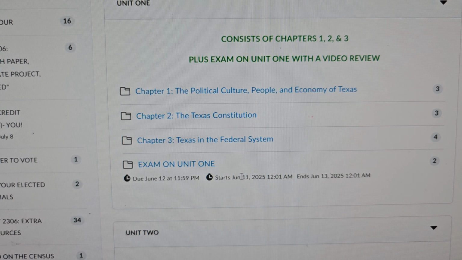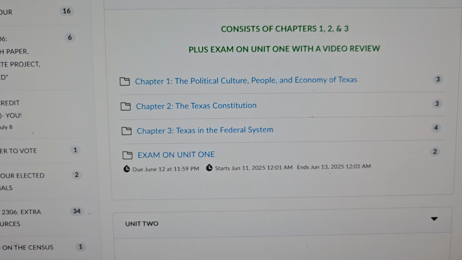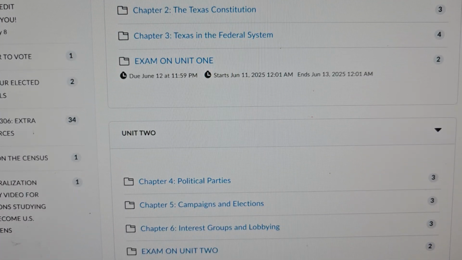So starting on June 11th, you can review and you can take the exam at that time. You can take it anytime on June 11th and 12th, but at midnight on the 12th, it turns into a pumpkin, and you can't take it after that. So you've got to get the Unit 1 exam done before midnight on the appointed days.